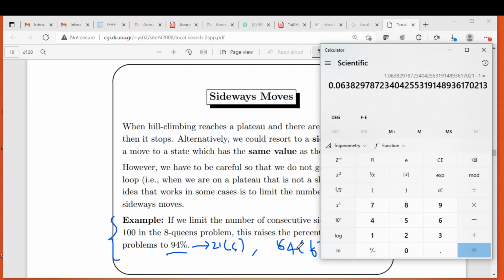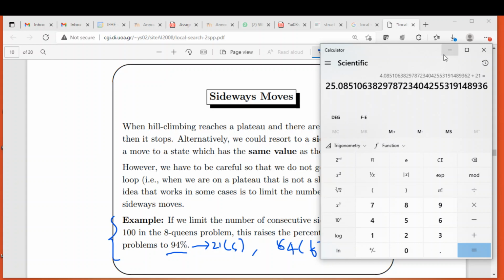During failure cases the number of steps is 64, so that is into 64, plus the number of steps during successful cases, that is 21. So that is 25. So the effective number of steps, or the expected number of steps in this case, is 25 steps.